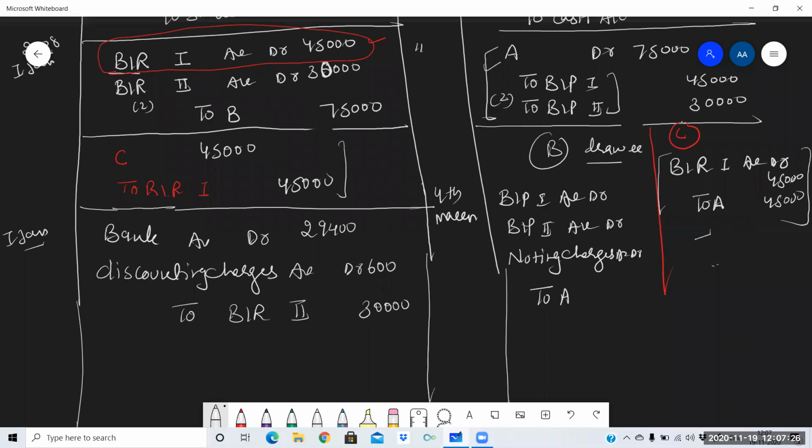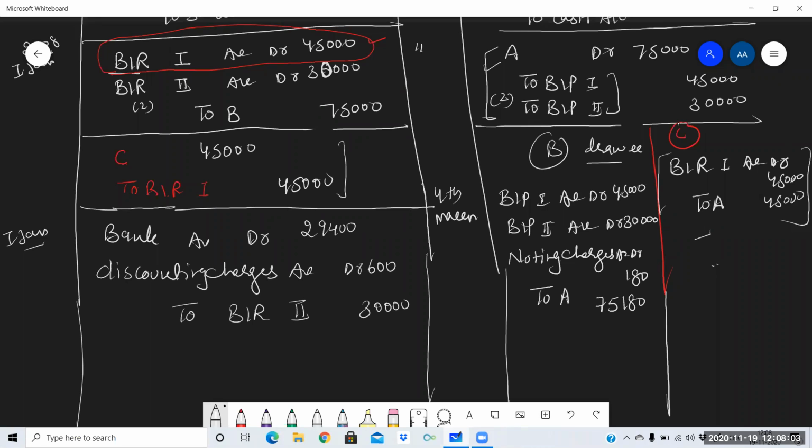Here you can see that C has paid 100 rupees as noting charges and the bank has paid 80 rupees as noting charges. So we will combine the noting charges: 180. BP1 was 45,000 and BP2 was 30,000, and now B needs to pay to A 75,180. Very good, all those who are giving me the answer.